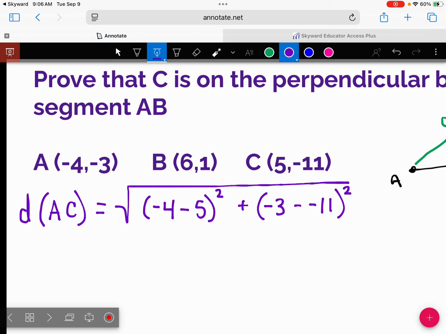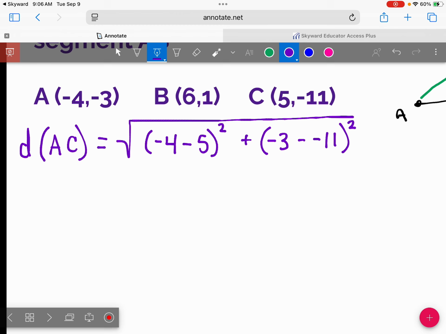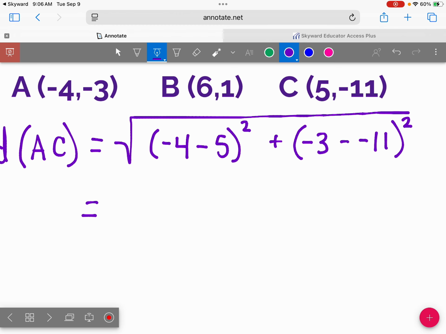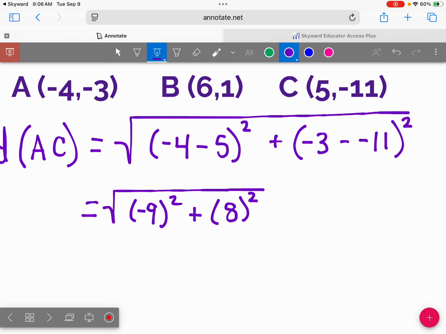We're going to simplify this as much as we can. We don't need to get all the way down to a decimal answer. Once we get it as simplified as we can, we stop right there. So we're going to have the square root of -4 minus 5, which gives us -9 squared, and then the same thing on the right-hand one: -3 minus -11, which is +8 squared.